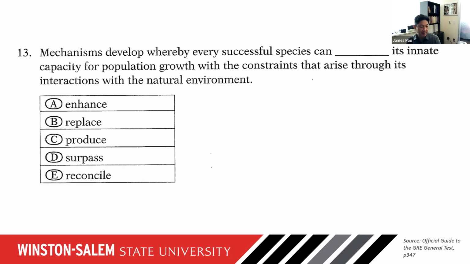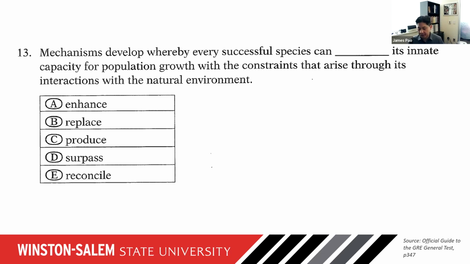This happens to be question 13, but we're just going to go ahead and do the next one. Mechanisms develop whereby every successful species can blank its innate capacity for population growth with the constraints that arise through its interactions with the natural environment.